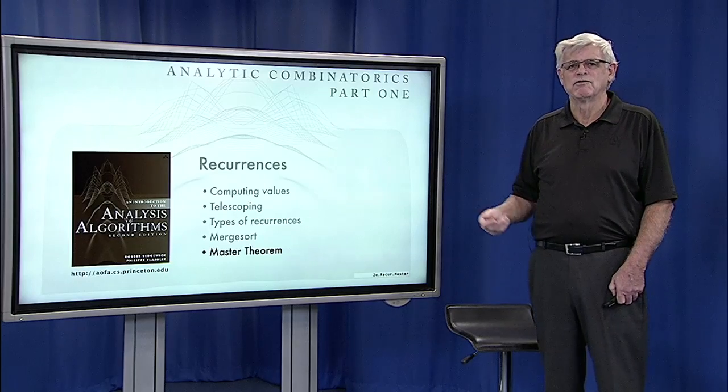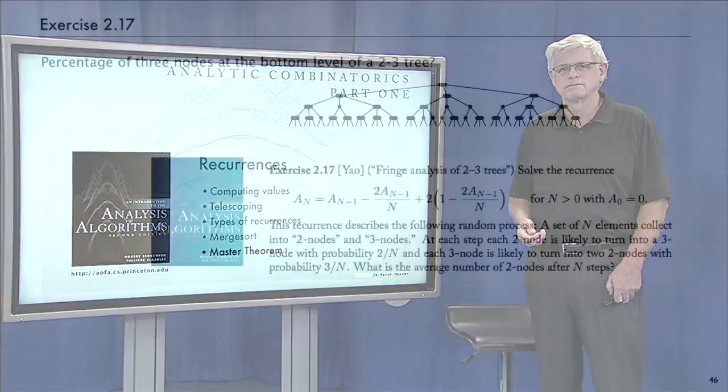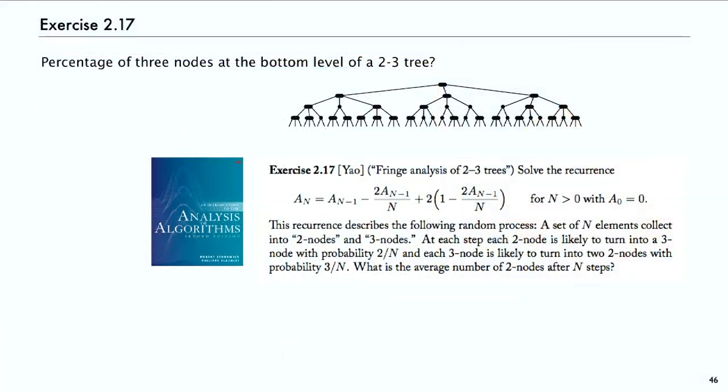Next time we'll move on to generating functions. So here are a few exercises that will be worthwhile for you to take a look at to cement your understanding of this material in order to be ready for the next lecture. First one is exercise 2.17. There's a particular data structure called a 2-3 tree.